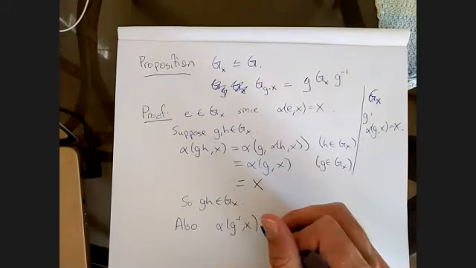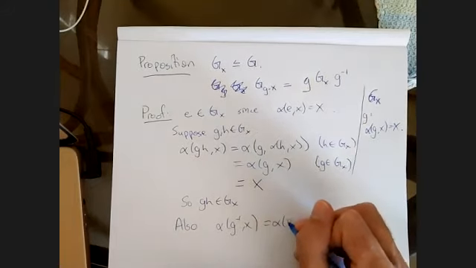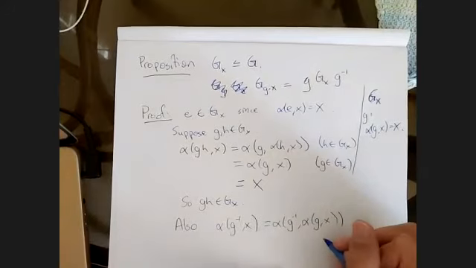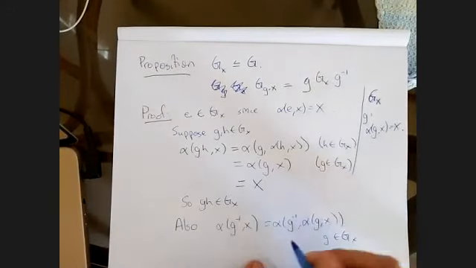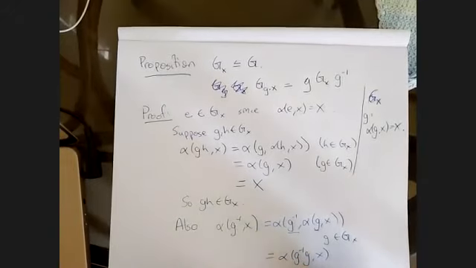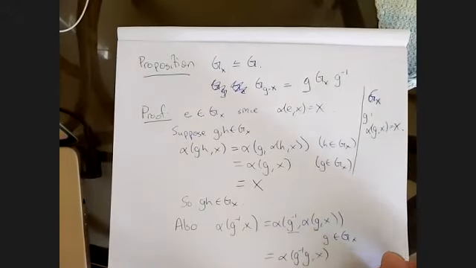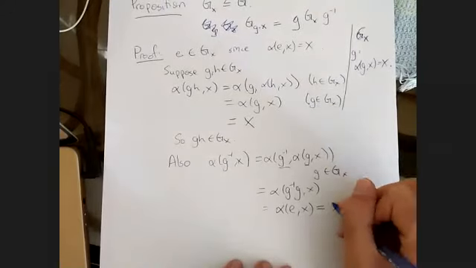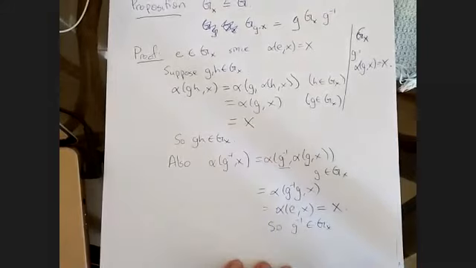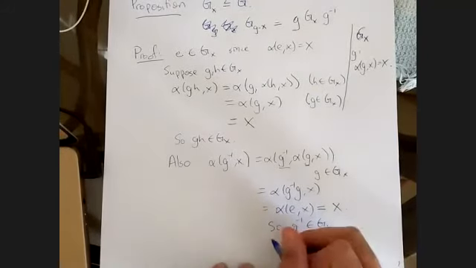Well, we can rewrite X as alpha(g, X), because g is in the stabilizer, and then the associative property lets us bring these two together. g inverse g is just the identity, and one of the properties of a group action tells us that this is really X. So g inverse is in the stabilizer, and that is enough information to tell us that the stabilizer is a subgroup.